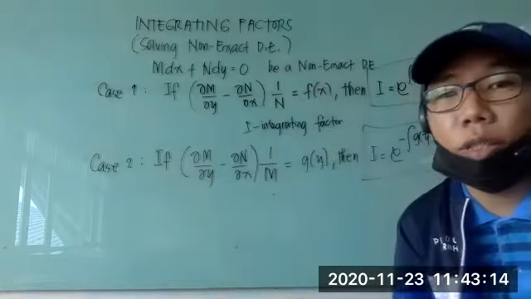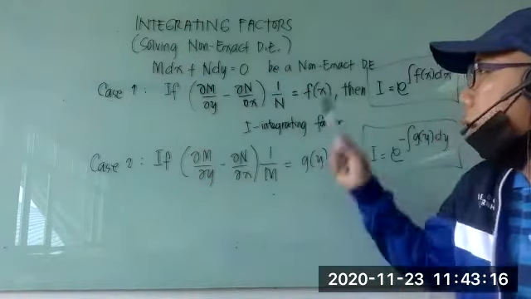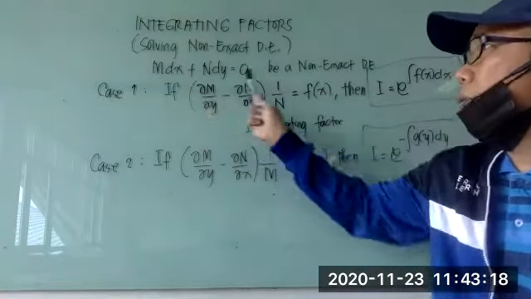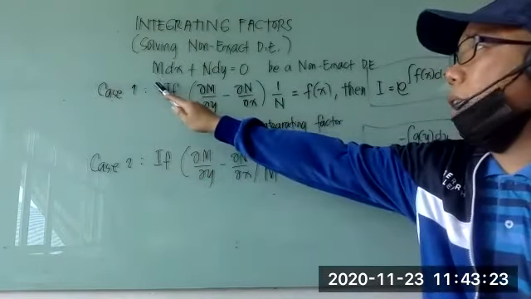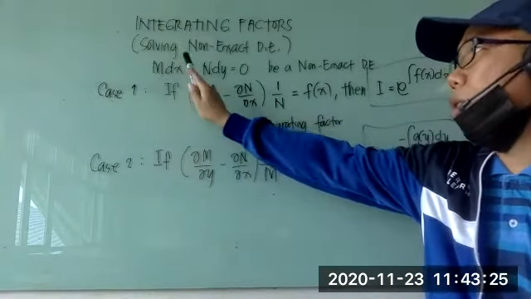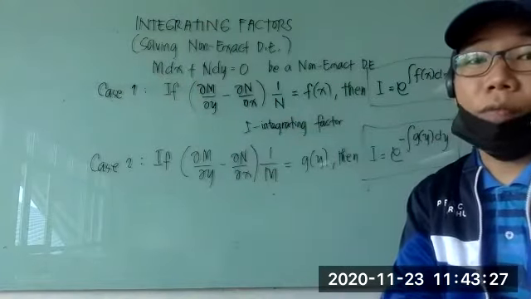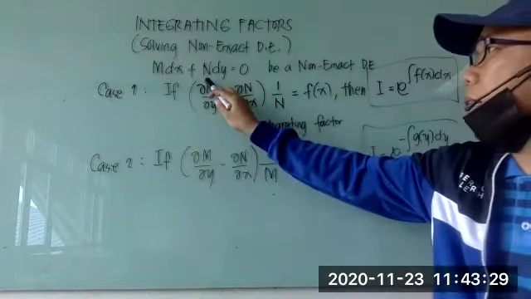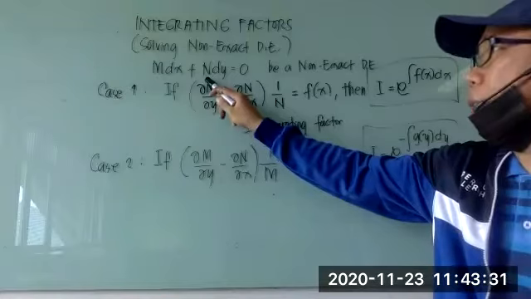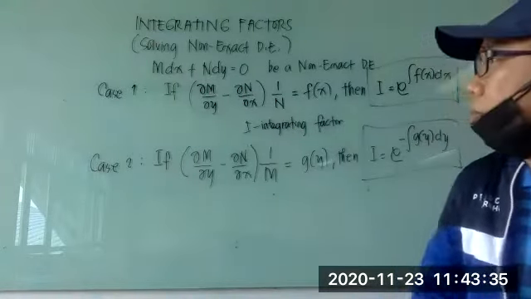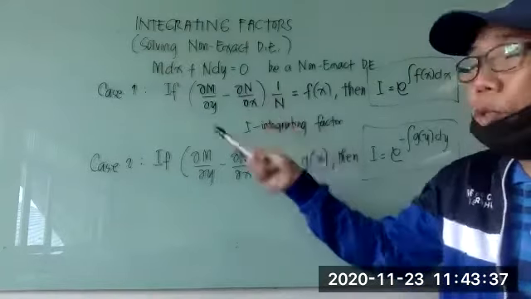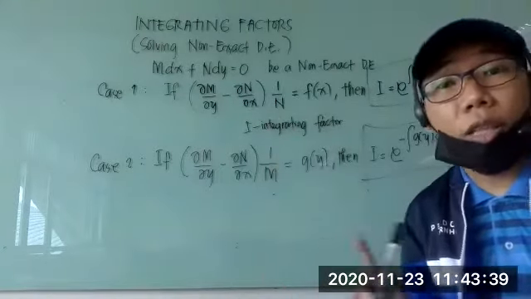Okay. Now, this is the form of the DE: M dx plus N dy. M is an expression or a function coefficient of dx, and N is an expression coefficient of dy. Okay, take note. Now, we can only do this if the partial derivatives are not equal.